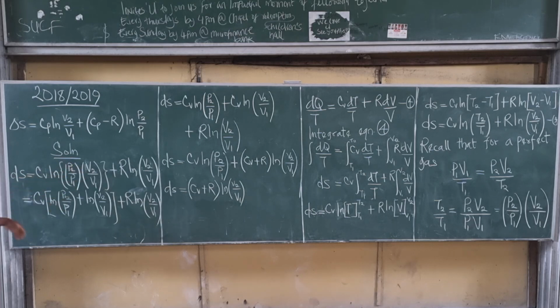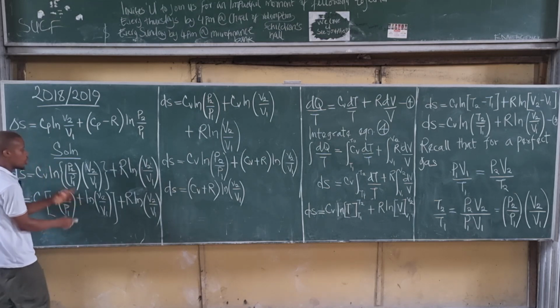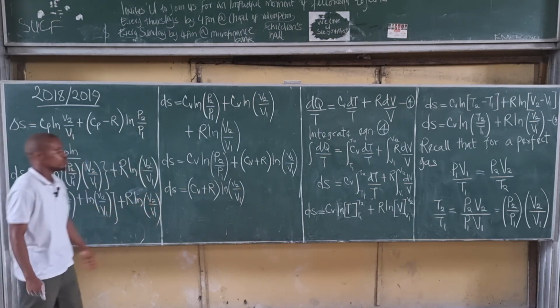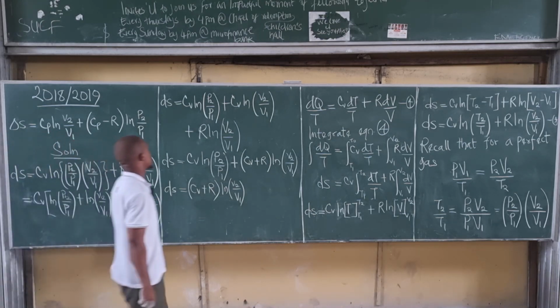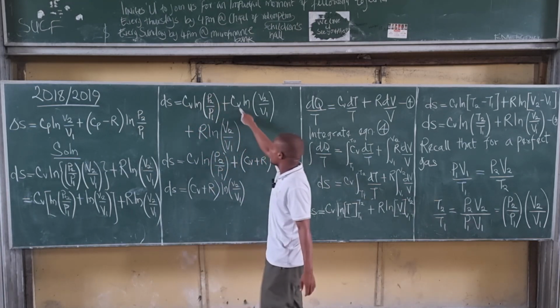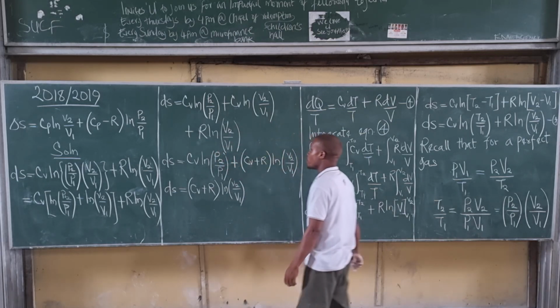So let's multiply through the bracket. We get Cv multiplied by this, Cv ln P2 over P1 plus Cv ln V2 over V1. From the laws of indices, this can be separated to give us Cv ln P2 over P1 plus ln V2 over V1, plus R ln V2 over V1. So multiplying through by Cv, we get Cv ln P2 over P1 plus Cv ln V2 over V1 plus R ln V2 over V1.